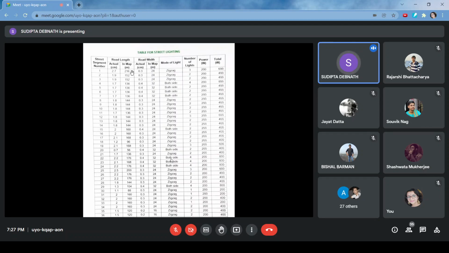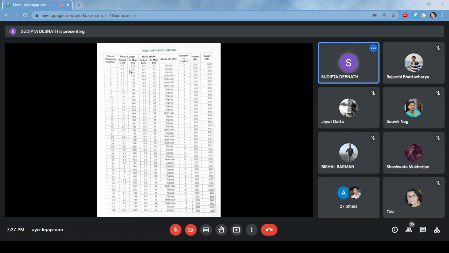Because at one point they have provided one light, then after another 100 meters another light, then after another 100 meters another light. So 3 street lights have been provided, and after 16 meters they have not provided because it is coming on the other line.